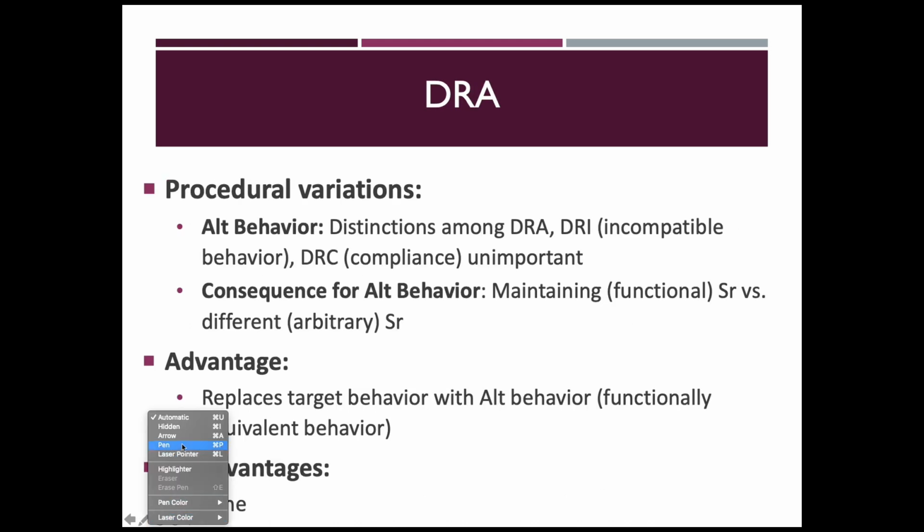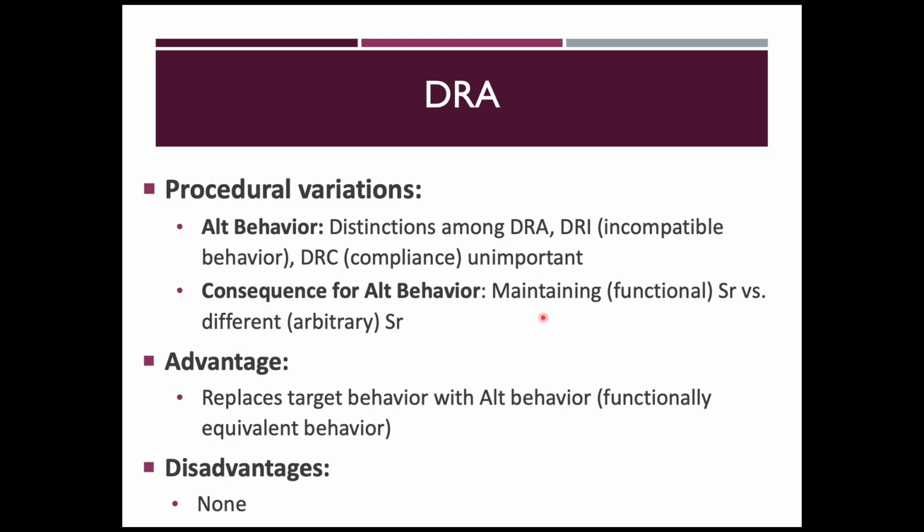So with a DRA, there are a couple procedural variations. First, the procedural variations of the alternative behavior. So that is, what is the alternative behavior? And you'll see in the literature, as well as the Volmer article, there are some distinctions made between DRA, or what we call a DRI, differential reinforcement of incompatible behavior, and a DRC, differential reinforcement of compliance.